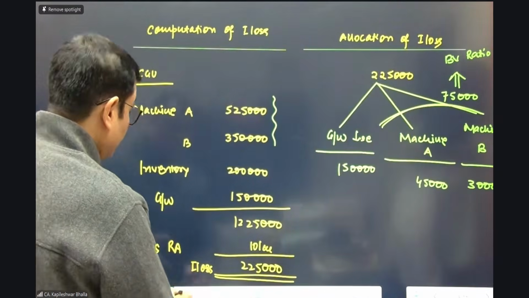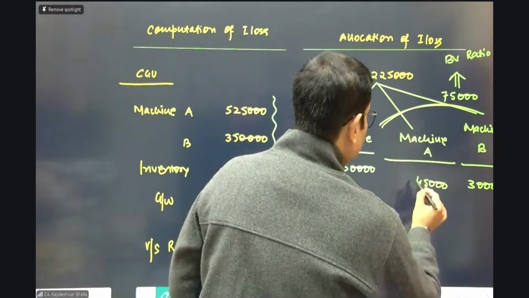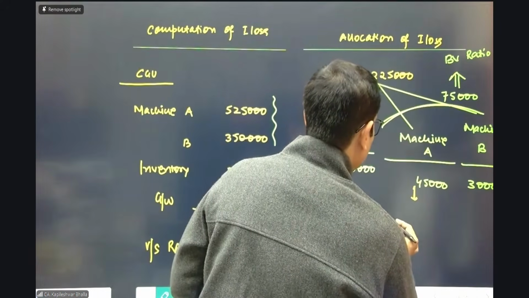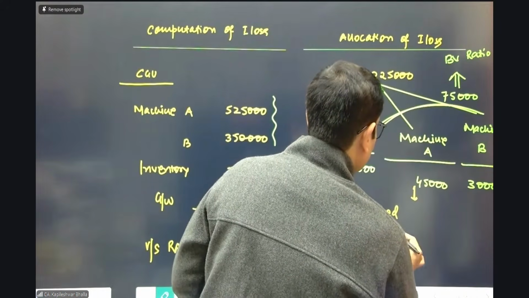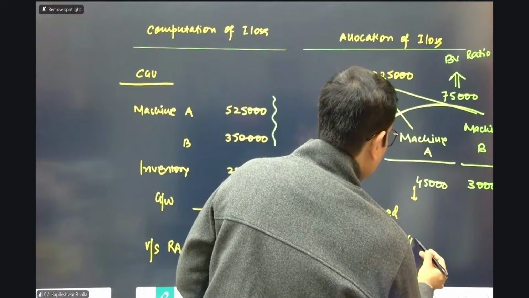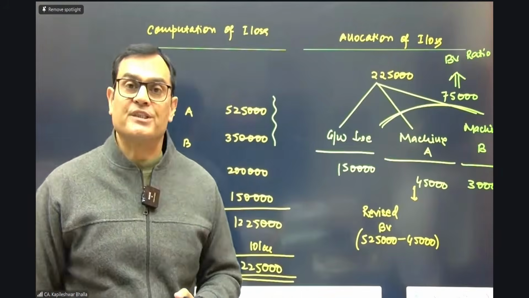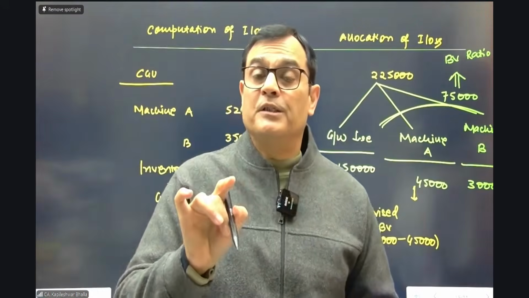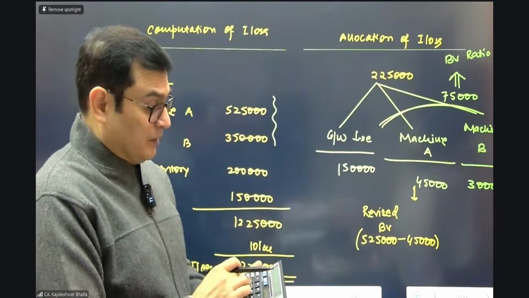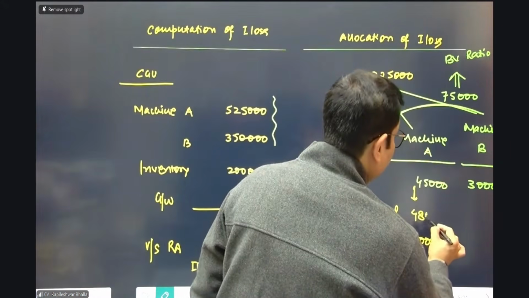But we need to now make a cross check. Now we need to see that if I consider this 45, what will be the revised book value? So can I say this is 525 minus 45? So if you allocate 45,000 loss towards A, you need to see what will be the revised book value of A post the impairment. So 525 minus 45, it comes to 4,80,000.